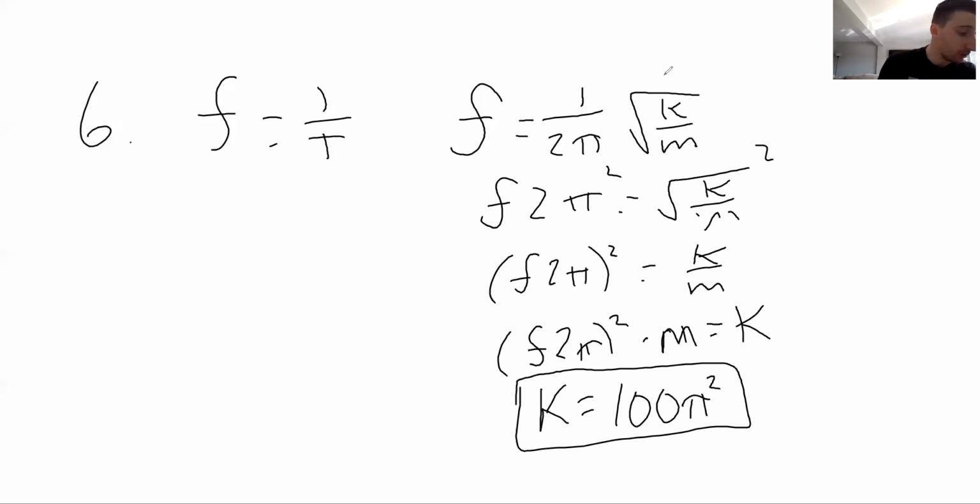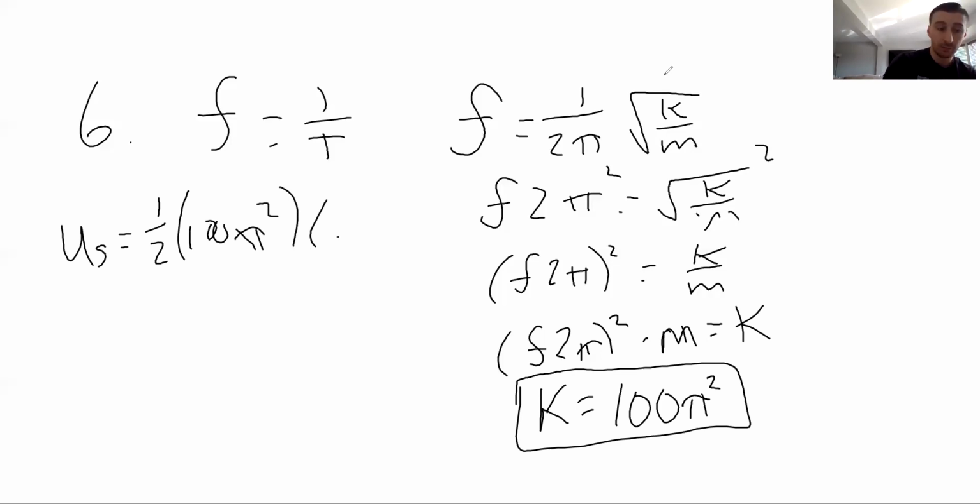Now what we want to do is find the total energy of the system. So it gives us the amplitude. At the amplitude, we know velocity is 0, so kinetic energy is 0. So the potential energy of a spring at that point is 1/2 K x squared, with K as 100 pi squared.